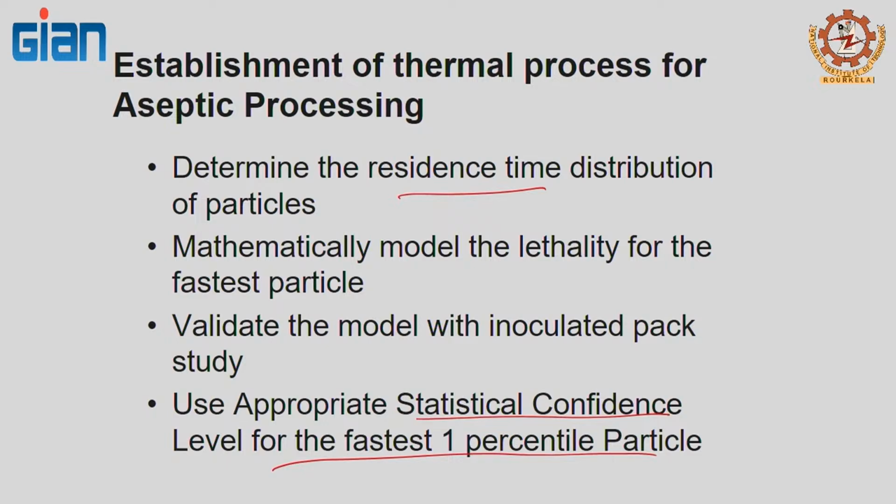What that means is, when you are doing processing, which one of the particles is going to be the appropriate particle for doing your microbial safety check. In your soup, you may have potato, you may have carrot, or a number of different products. Each may have different heat transfer characteristics.